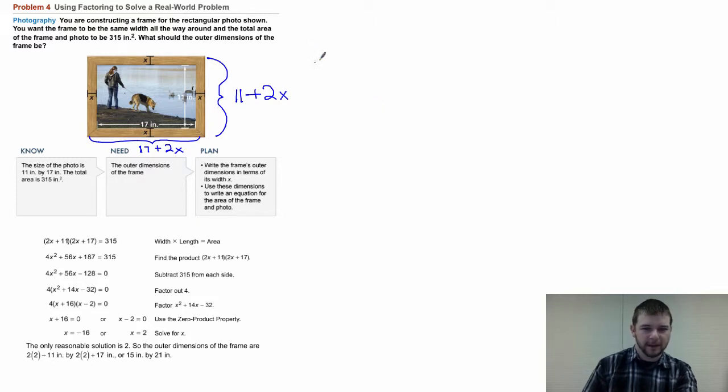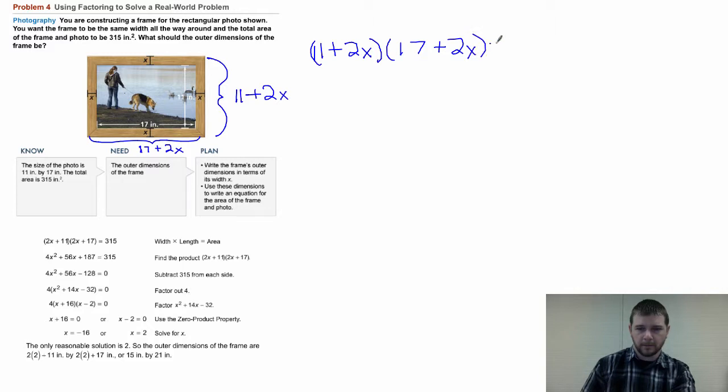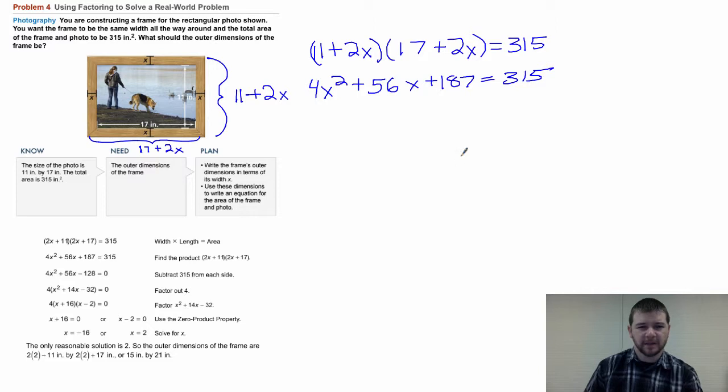Therefore, we can write the equation, multiplying our binomials on the left using a quick FOIL of first, outer, inner, and last. We find the equation 4x squared plus 56x plus 187 equals 315.